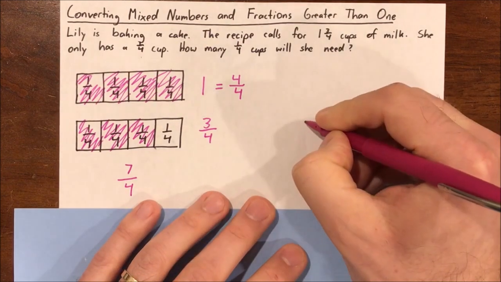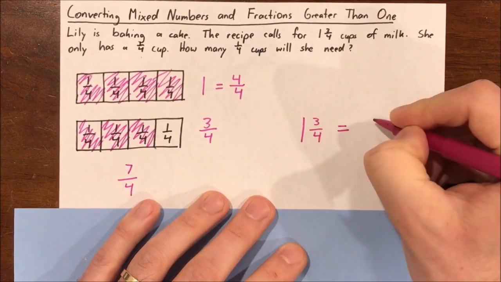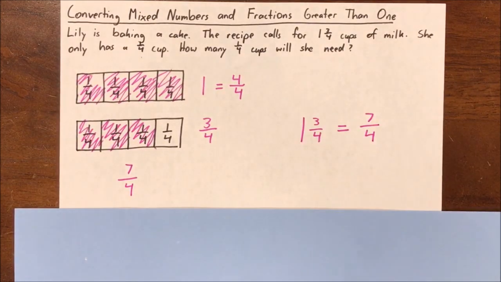We can say that 1 3/4 is equal to 7/4. And we know this because they represent the same amount of the holes. 4/4 is equal to 1 hole, then there's 3/4 left.